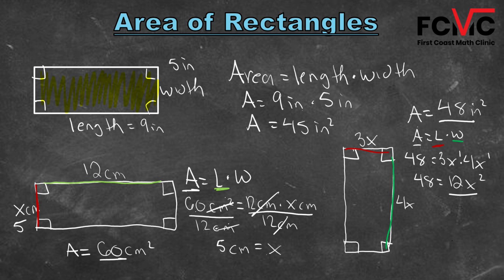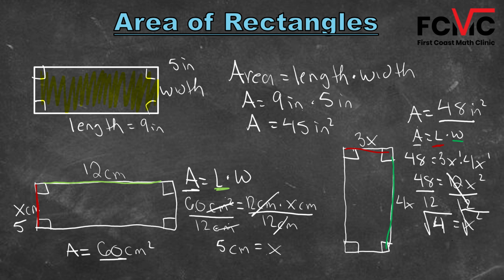So we want to get the x by itself. So let's start by dividing and dividing. So we're going to divide by 12, divide by 12. 48 divided by 12 gives us 4. So we get 4 equals x squared.